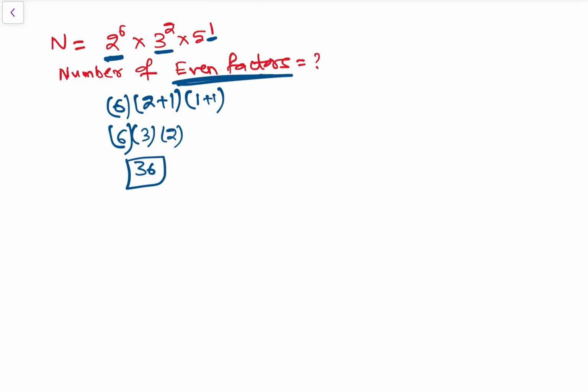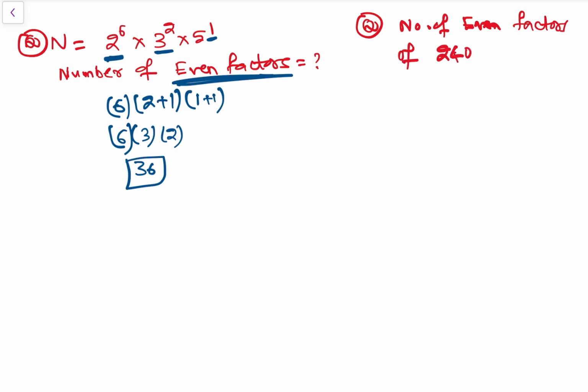Similarly, let's take another question, that is number of even factors of 240. What are the even factors of 240? So 240 can be written as 24 into 10. 10 can be written as 2 into 5, 24 can be written as 2 into 12, and 12 can be written as 2 into 6. 6 can be written as 2 into 3.